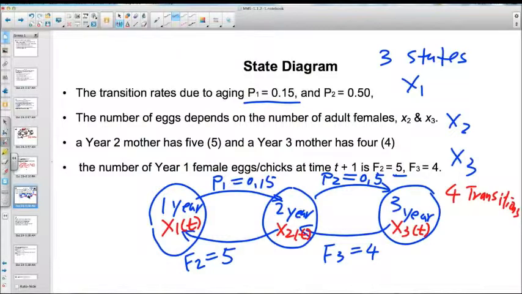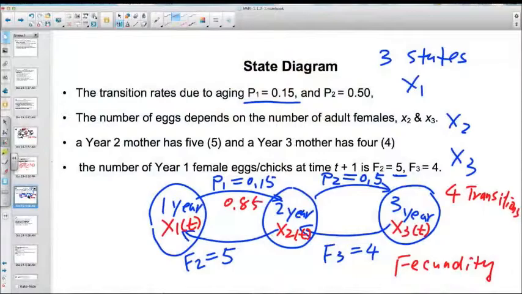So like all population models, the critical attributes are the fertility and the mortality. Mortality here is 0.85, here is 0.50. That's what we have so far.